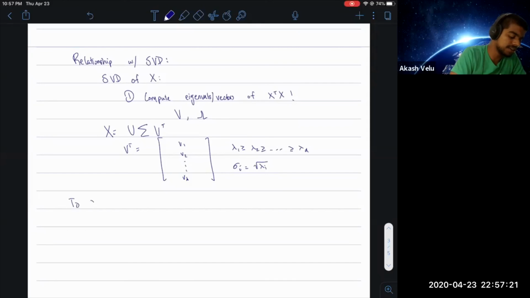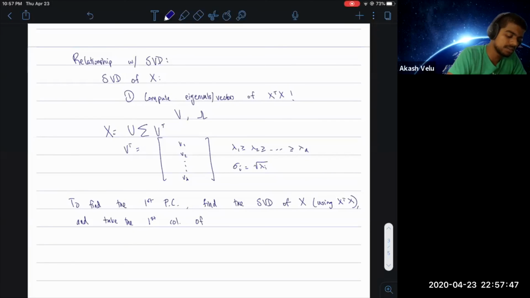So to find the first principal component, find the SVD of X and take the first row, or the first column, sorry, of V, where X is equal to U sigma V transpose.